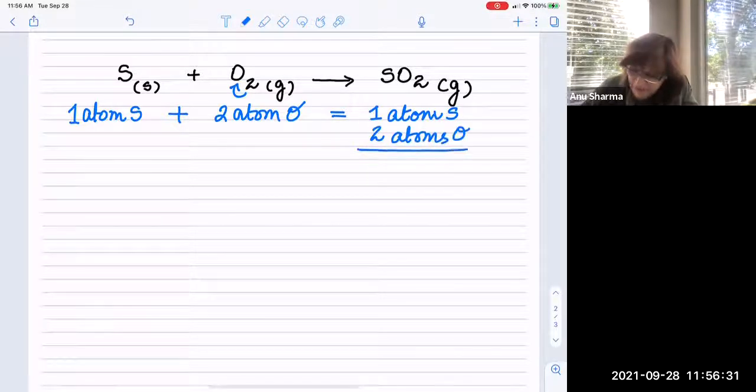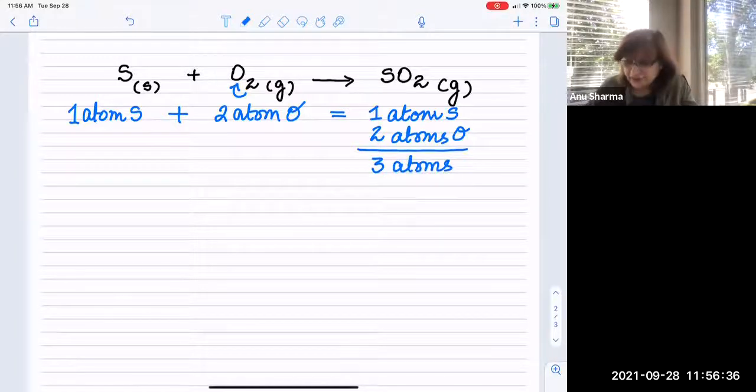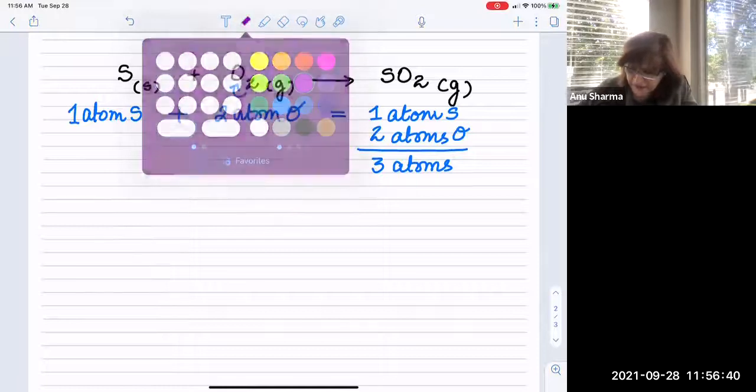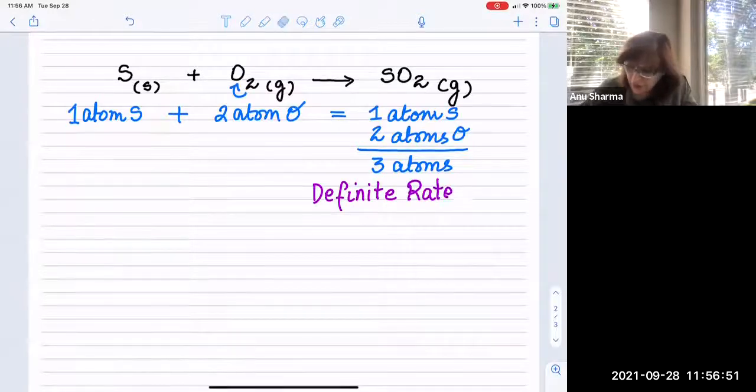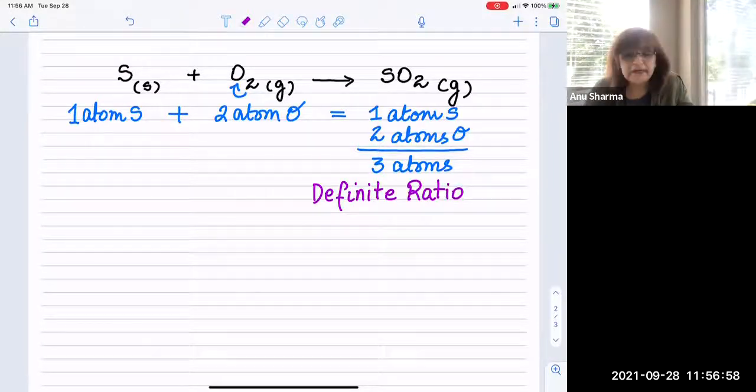All of this combines together, 3 total atoms, in a very definite proportion, and that is a 1:2 ratio. Not 1:3, which would be a totally different substance, and 1:4 is totally different. 1:5 and 1:6 will not happen, and 1:1 is not going to happen.